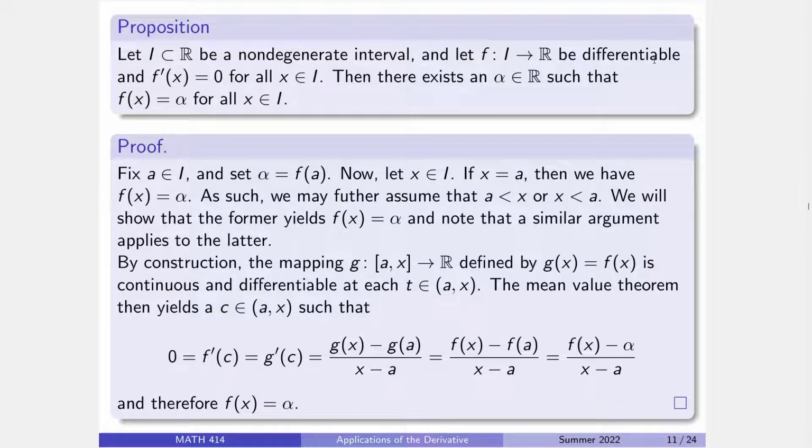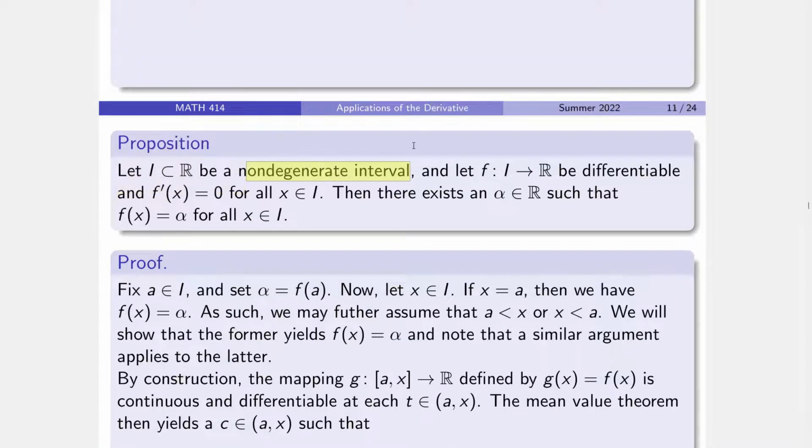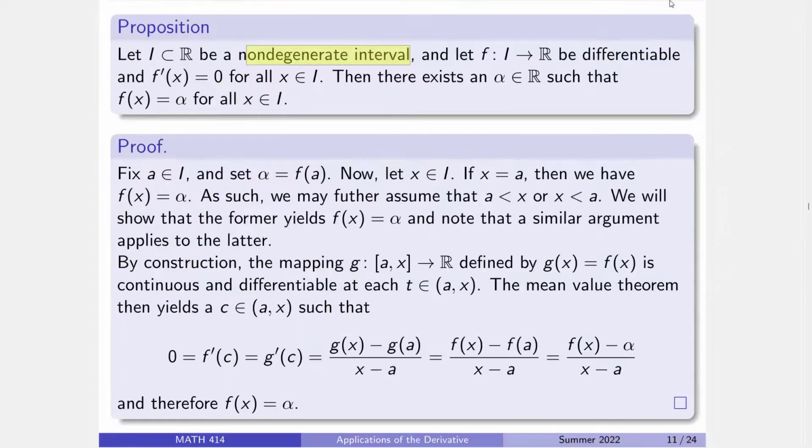Now, it's worth stressing that you need this to be true on every element in your non-degenerate interval. In order for our theorems to go well with derivatives, you need an interval to be what we're working with. If you're thinking about the definition of differentiation, it seems like, oh, I could have just done it at a cluster point. You can, but this theorem is not true anymore.